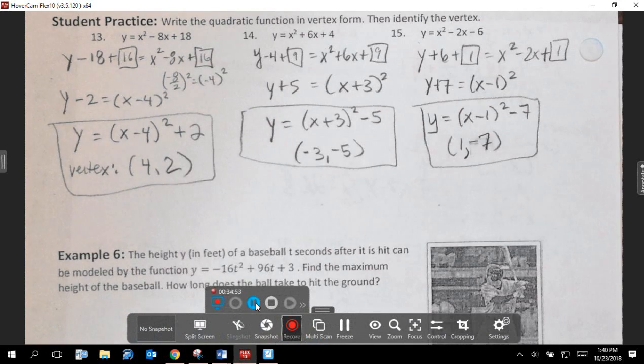Okay, here are the answers to the 3 questions. Your assignment is on Big Ideas Online, section 3.3, day 2. You guys have 10 minutes. You've got plenty of time to plug it in. If you put it in the wrong way, it doesn't work.